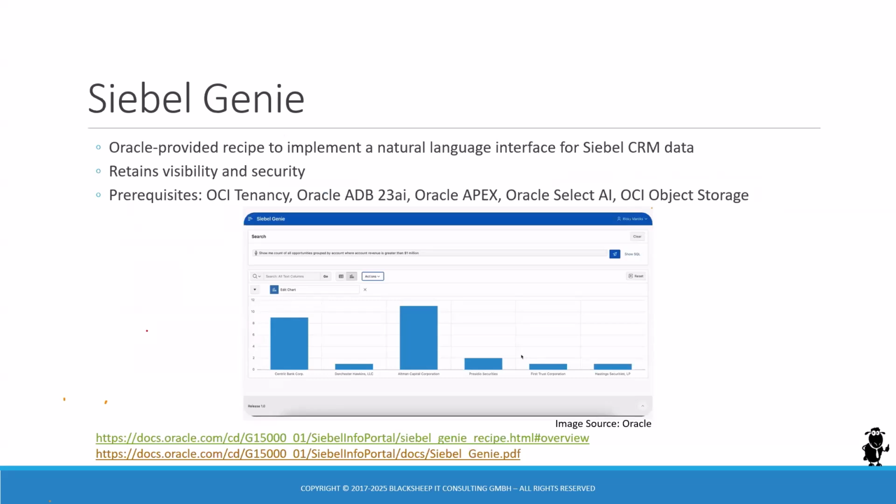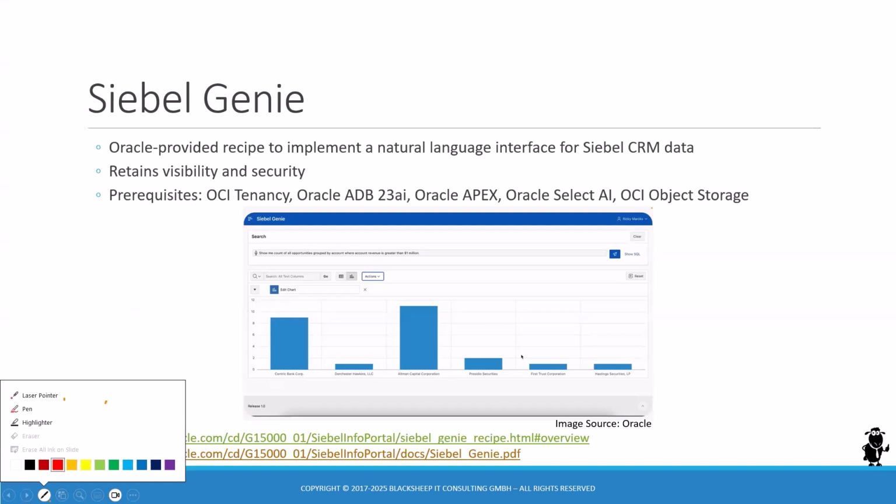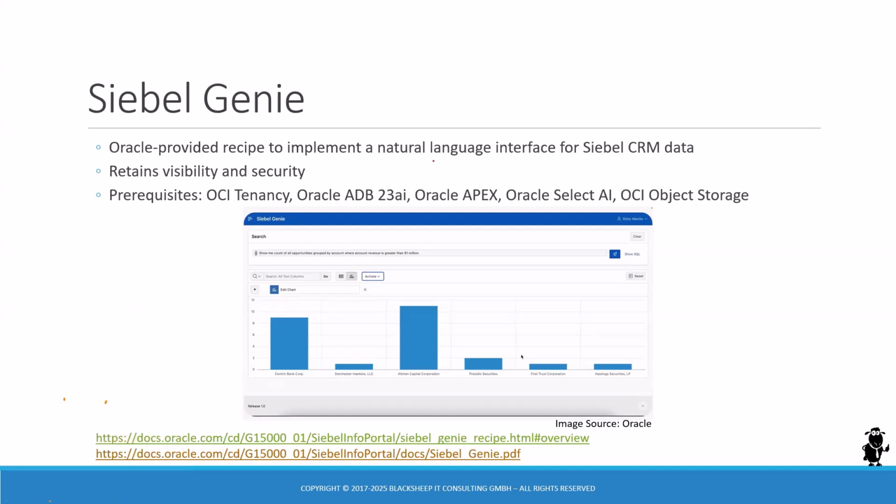I've talked to some people about the Siebel Genie, and they read about it and say, yeah, Oracle has a new product. And I'm afraid to say it's not a product. It's actually just a description of how to create something that does something. The Siebel Genie is a recipe to implement a natural language interface with the help of LLMs. And those LLMs then generate SQL select statements on the Oracle database.